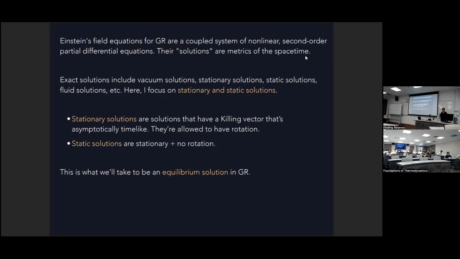Stationary ones have a Killing vector that's asymptotically timelike, so basically they're stationary in some way, but they're allowed to have rotation. Static ones are stationary with the further requirement of no rotation. So in GR, we take these to be what we mean by equilibrium solutions. I won't use the word equilibrium much in this talk, but these are the kinds of solutions that are considered equilibrium solutions for the purposes of GR. Okay.